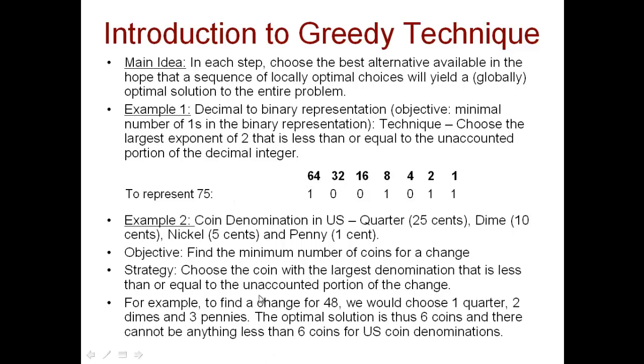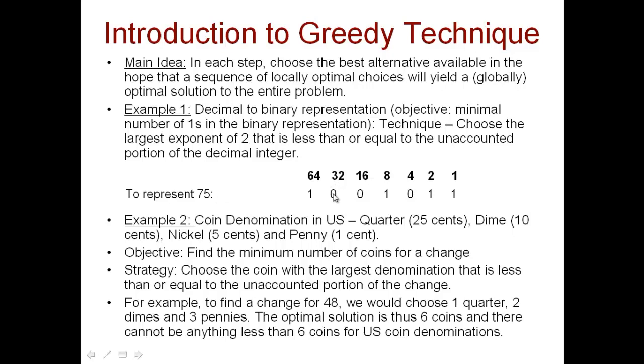And then using the same approach as in the coin denomination, we'll try to fill up with ones and zeros such that you cover as much as possible within the 75, starting from the most significant bit value, which is 64. So 64 can fit within 75, so you put a 1 here, and the balance is 75 minus 64, 11.